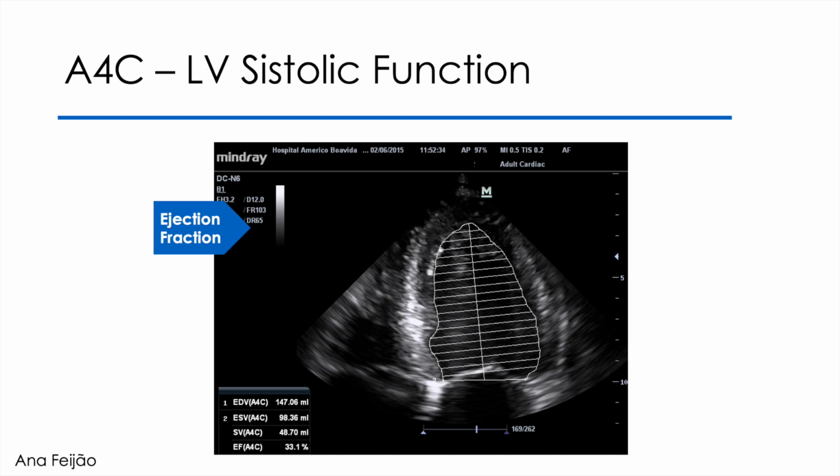left ventricle. To do this, start by acquiring a good image in order to obtain the best possible definition of the ventricular endocardium. If necessary, I can even decrease the depth and reduce the image sector in order to increase the frame rate and the definition of the two-dimensional image, as we see in this example.